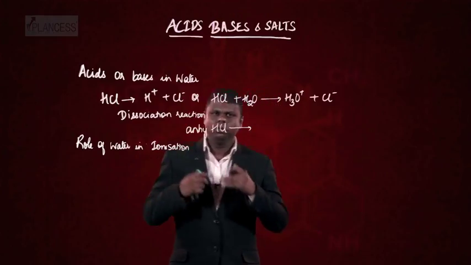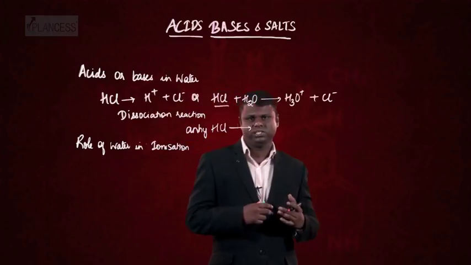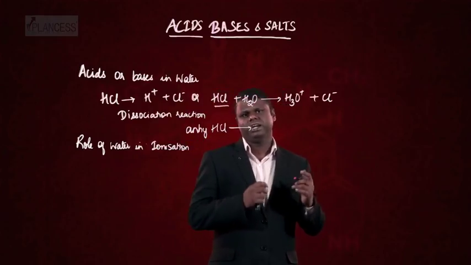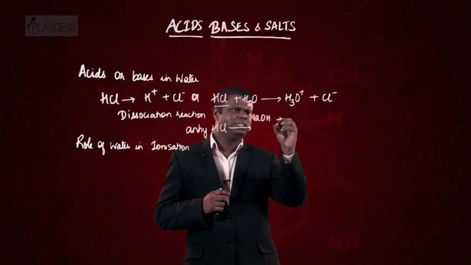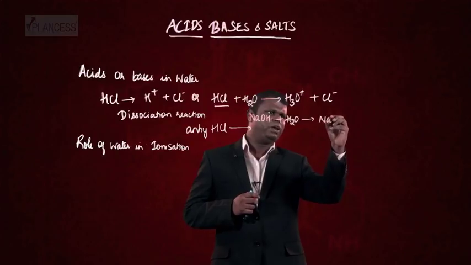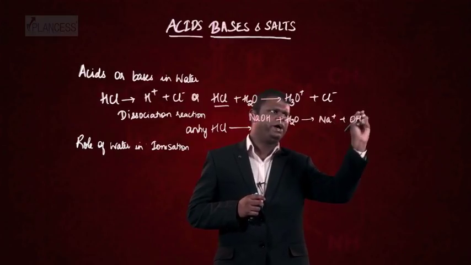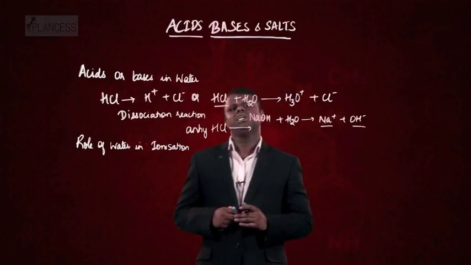So they are going to conduct. That means acids or bases, when they are dissolved in water, form a conducting solution. Similarly, when sodium hydroxide is dissolved in water, it produces Na+ plus OH-. Again a cation and an anion are produced, so it forms a conducting solution.